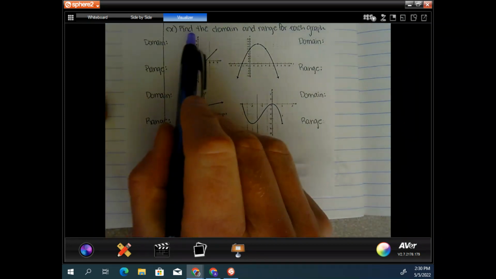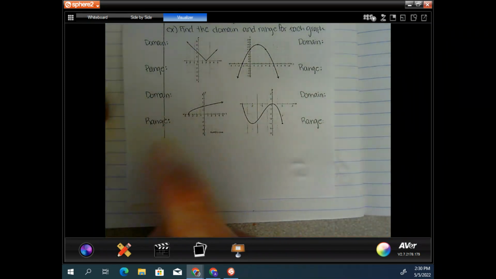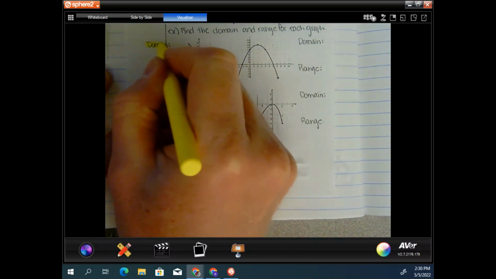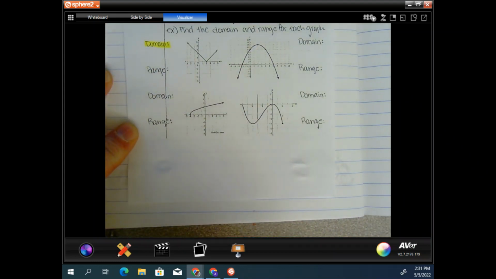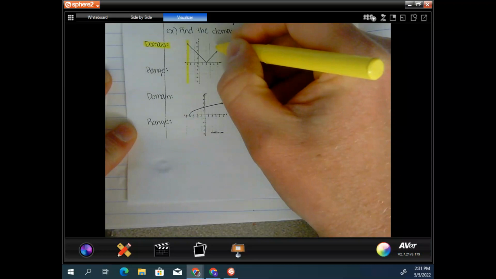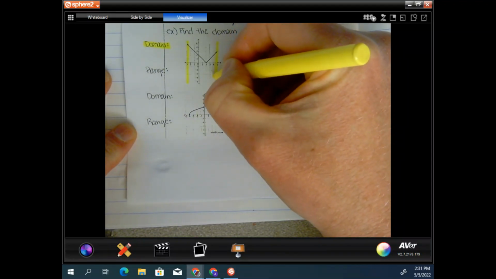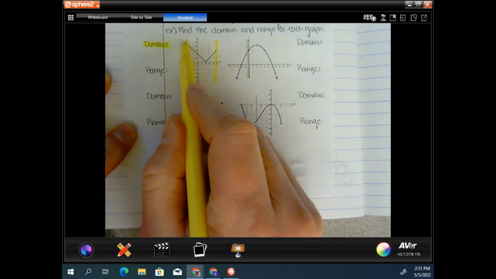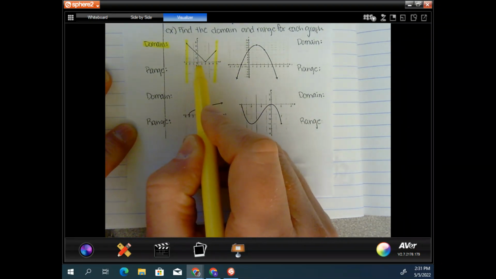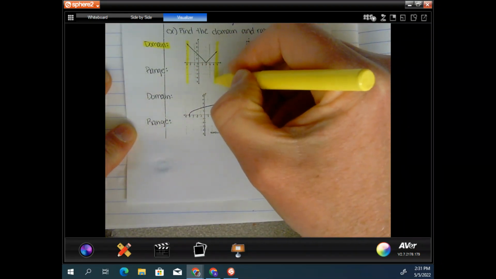Our examples: find the domain and range for each graph. So in example number 1, I'm going to highlight domain yellow, and I know domain is our walls. So farthest left, farthest right, and I like to go all the way through the x-axis so I can see those points and numbers.